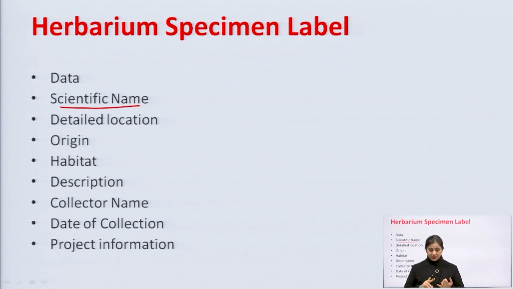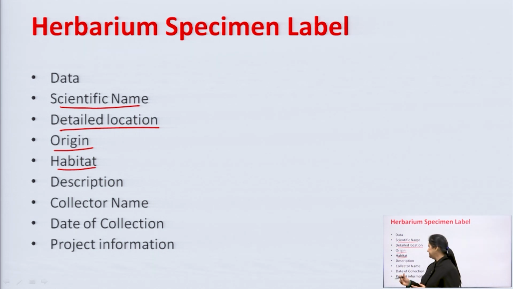Scientific name कहें तो genus followed by species like Solanum tuberosum, and yes, if there is a particular variety as well, and the family it belongs to. डिटेल्ड लोकेशन, कहाँ से वो प्लांट का पार्ट या वो प्लांट लिया गया है. Origin, where does it actually exist. Habitat, whether it was existing in soil which was moist or dry soil.